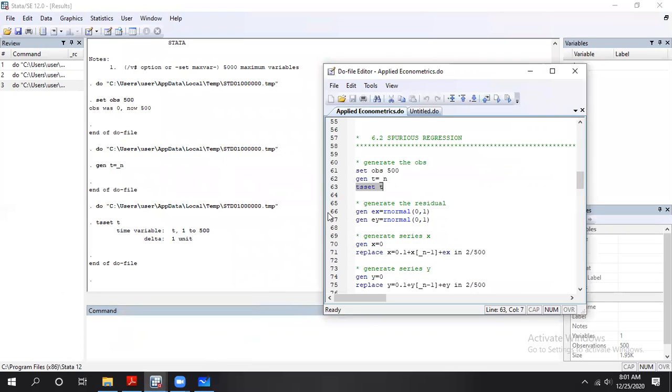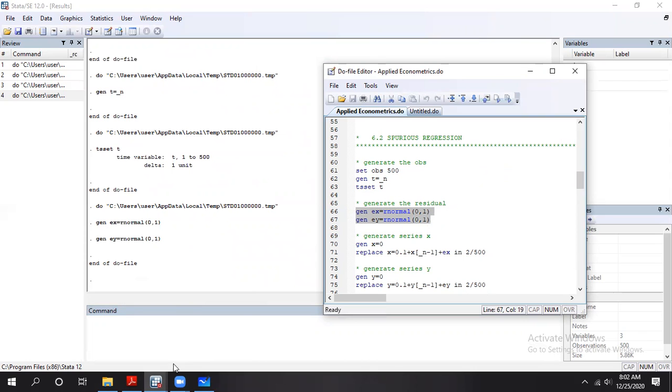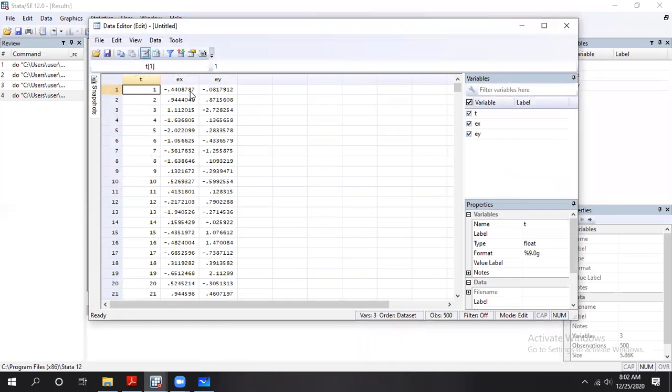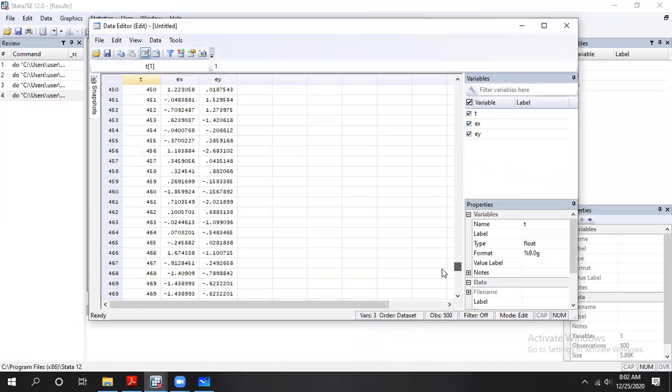This is the command in Stata: generate ex, and you can give any name. I put ex for the error of X and ey for the error of Y. This is the command to generate data normally distributed with mean equal to 0 and variance constant equal to 1. So I generate these two errors, and now we have the data for the error.